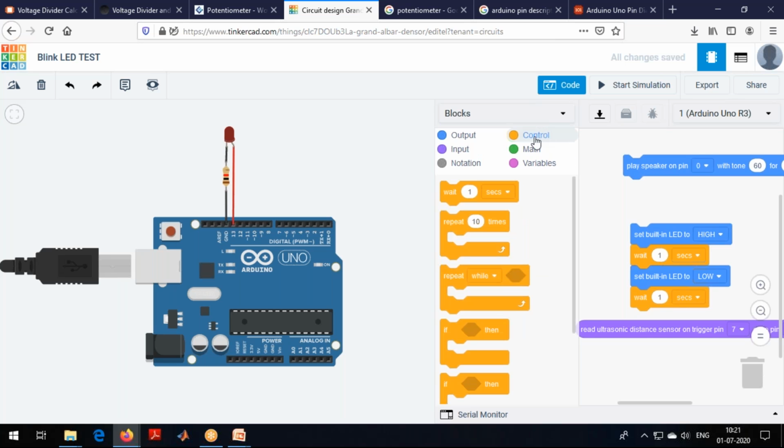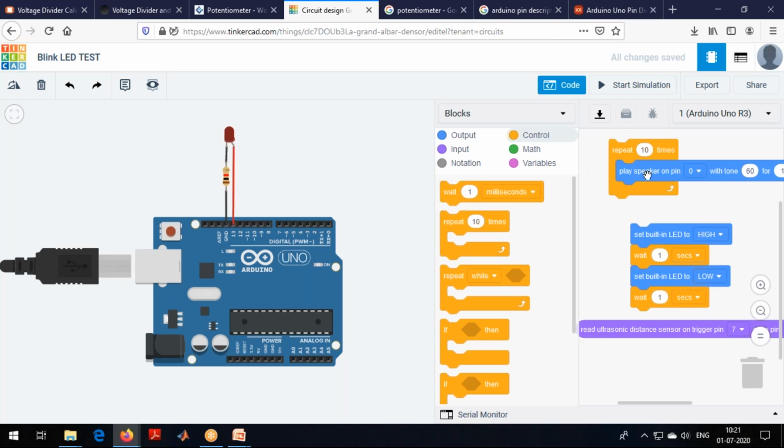Okay. We have control. For example, I want this particular circuit to perform some action, and I want to make it wait for 1 second. Okay, then I will say wait 1 second, or wait 1 millisecond. Okay, like that I can give some instructions. Then next thing, if I want to do a particular task 10 times, I can just drag this.